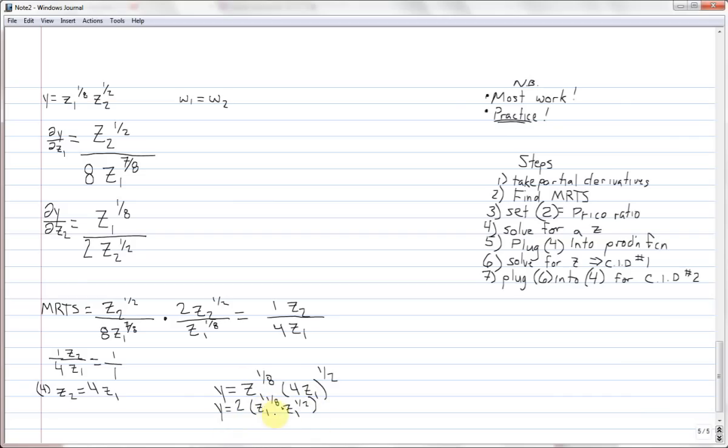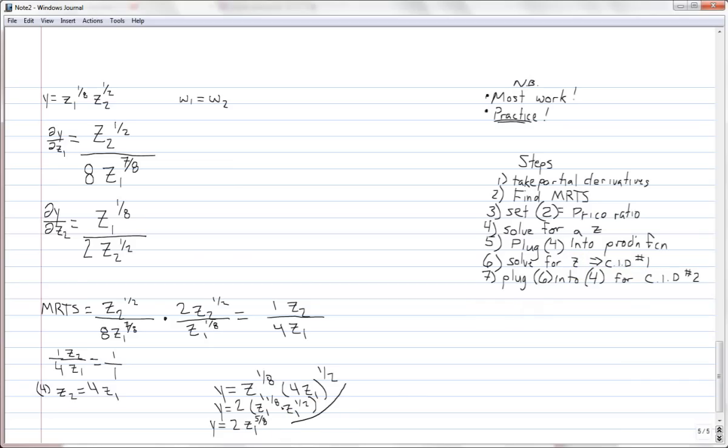Okay, so now I've got two like bases multiplied together. I can add the exponents. That's going to give me that y equals 2 Z1 to the 5/8. Okay. Now it says up here, step 6, solve for Z. That gives you conditional input demand number 1.